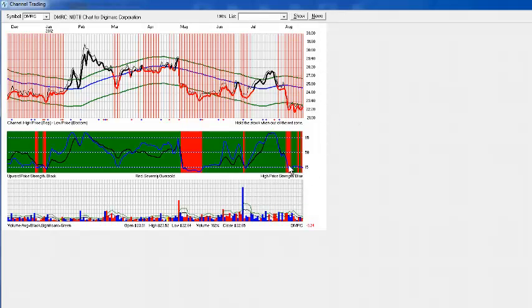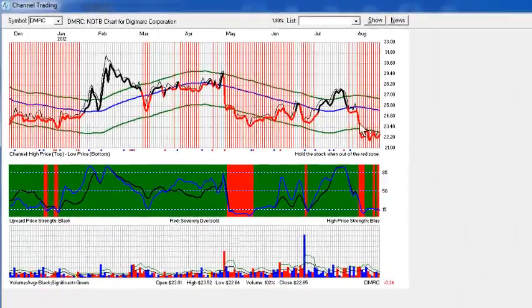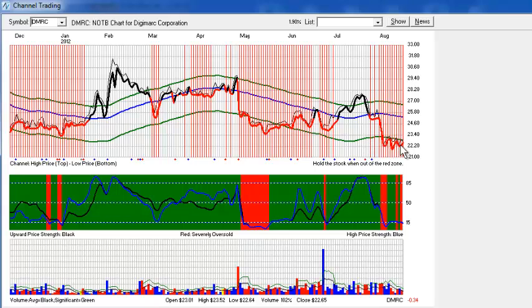Now, what Dick and I have both agreed on is what we're looking for is, first of all, we already found the ones with the power lines together, which is right here. We have the power lines together. They are below this lower 3MA, so obviously that's working as resistance. I mean, we can even click on the bars down here and tell that it's not broken out.